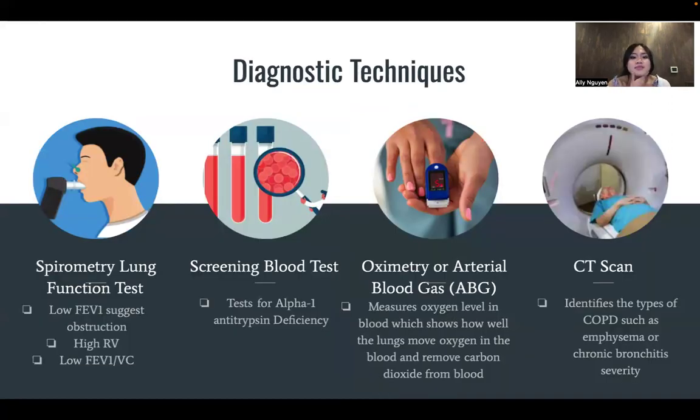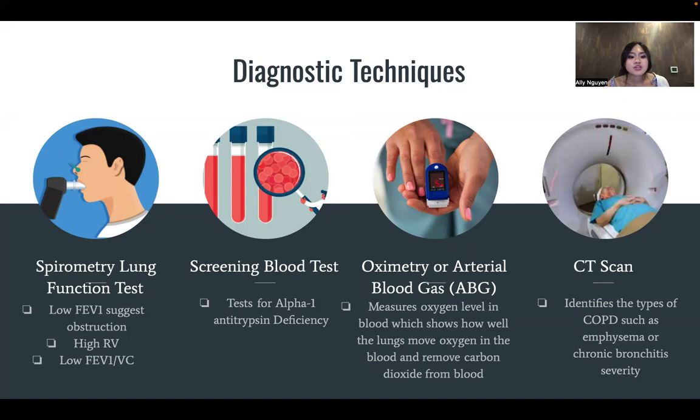There are various types of diagnostic techniques available for COPD. One is the spirometry lung function test, which primarily looks for low forced expiratory volume, which can suggest obstruction. There's the screening for blood tests that can detect the presence or the lack of the alpha-1 antitrypsin deficiency.